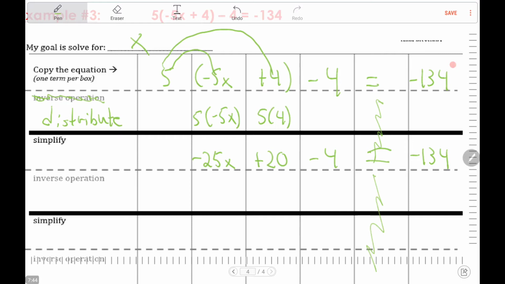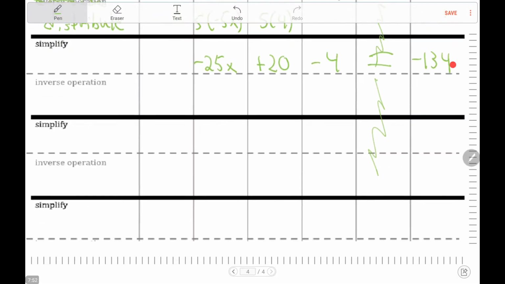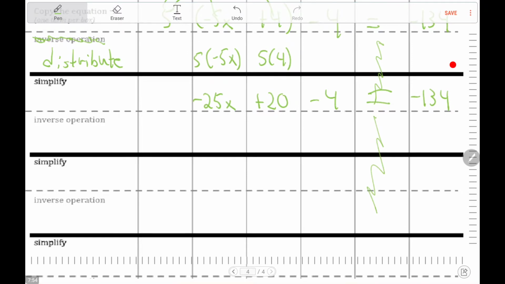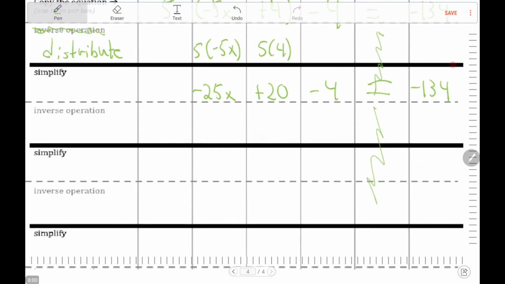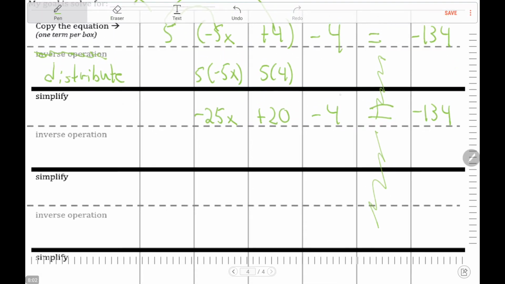Okay. Well, what's our problem here? We can do multiple inverse operations, but you do need to take into account that this 20 and this negative 4 are like terms.